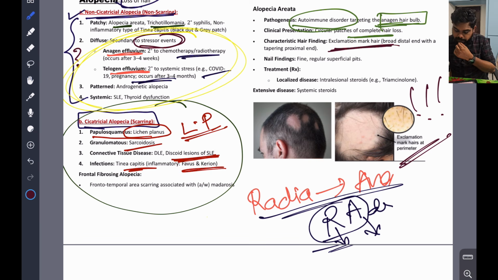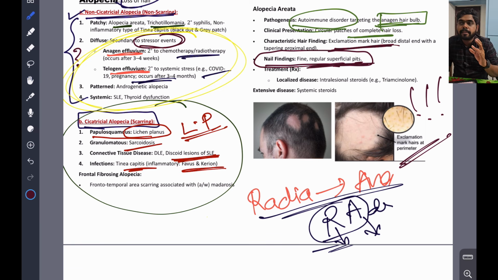You can see the exclamation mark hairs. And there is a typical question that can come in your NEET exam. They will ask the nail finding of alopecia areata. The most common nail finding of alopecia areata is fine regular pits. This is very important.